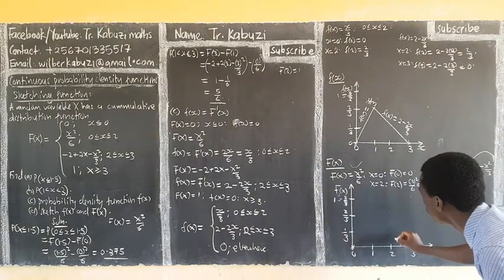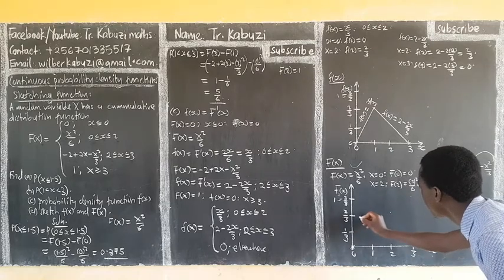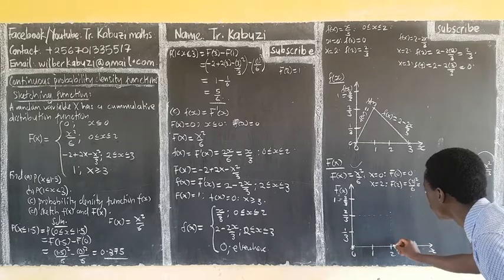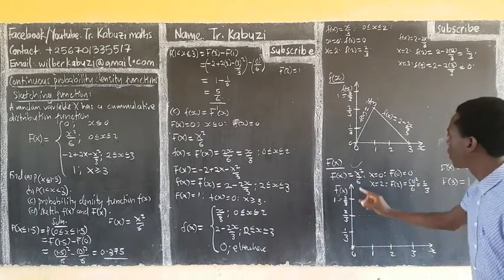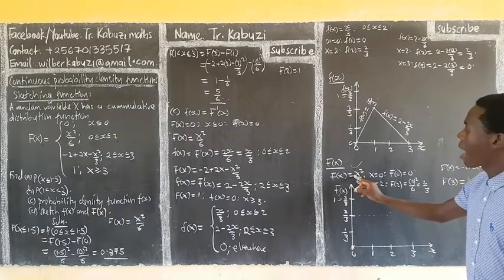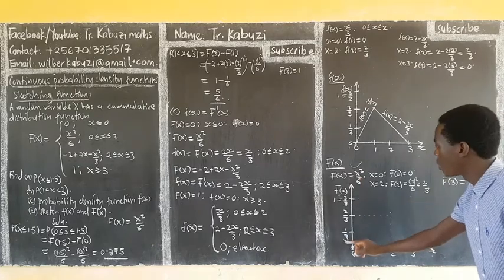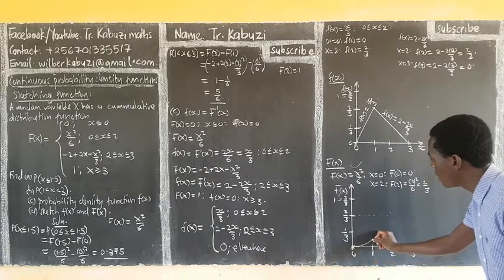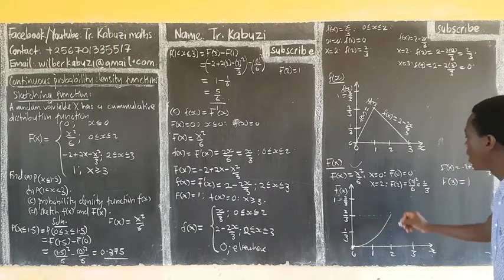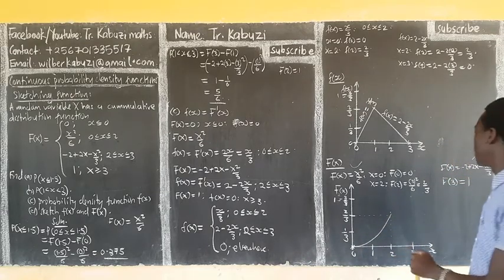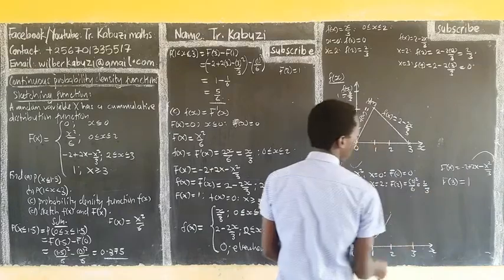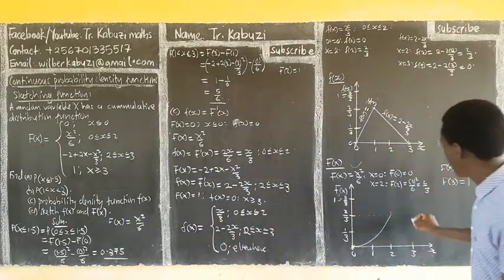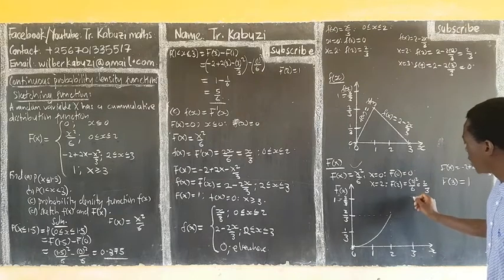You indicate that this one goes with this, and this one with 2. This curve, because it has a positive coefficient, appears as if it has a minimum. You show that this is a curve. Then from here it goes up to 1, so this is 1 at 3.